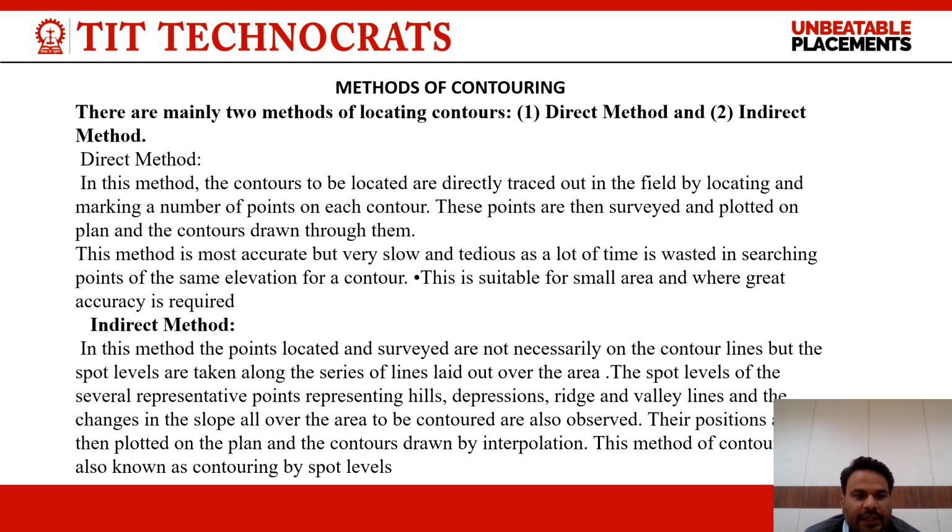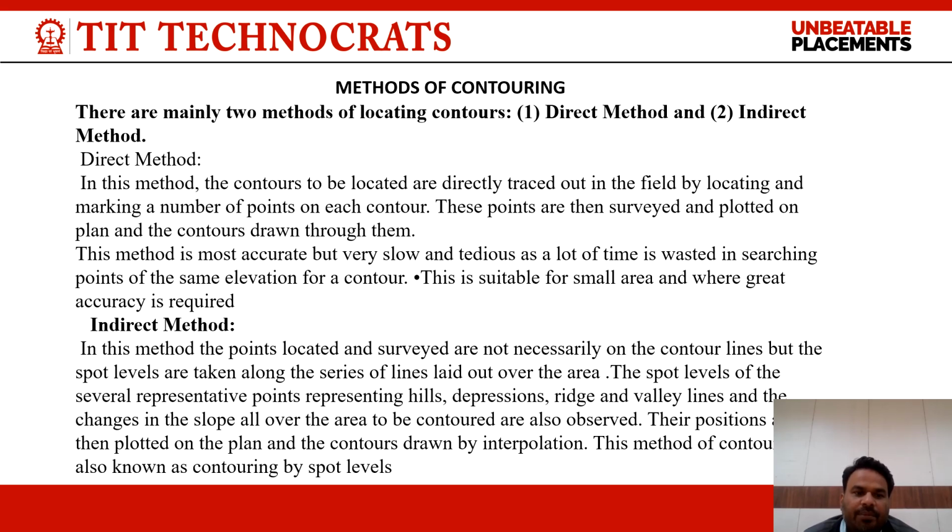Indirect method. In this method, the points located and surveyed are not necessarily on the contour lines, but the spot levels are taken along a series of lines laid out over the area.